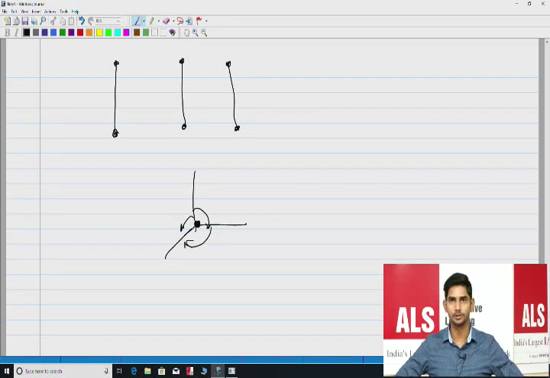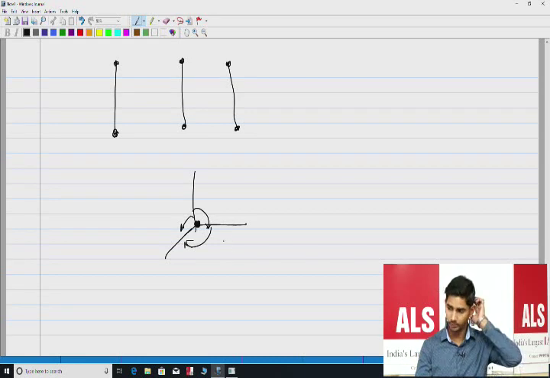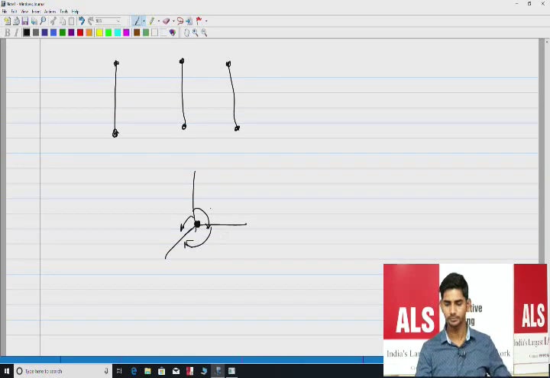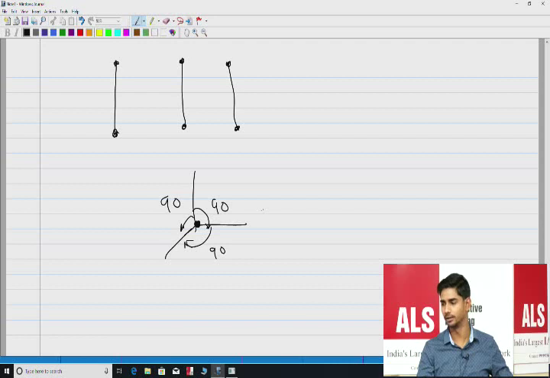360 degrees is only possible around a point actually, in a circle. This is also a circle, you can say. Okay, fine, let me check. Yes, absolutely right, Shillong. If I put it as 90, this one is 90, this one is 90, so the total sum is actually 270 degrees, na?